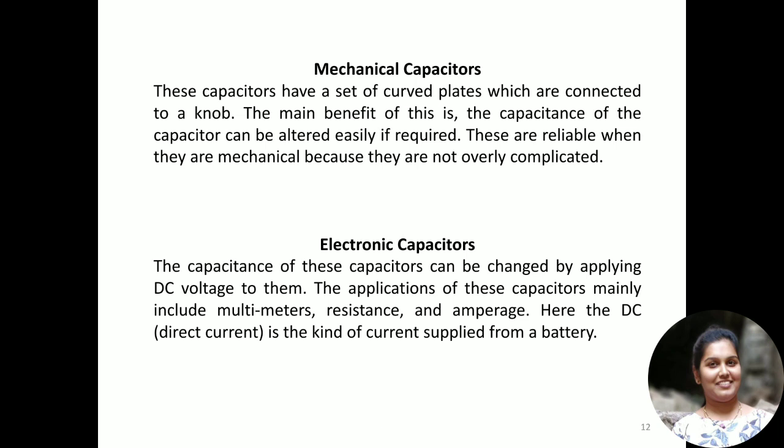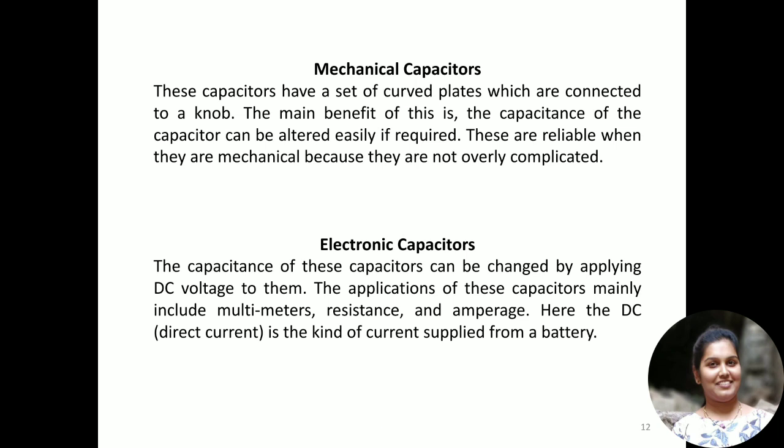Next one is the electronic capacitor. The capacitance of the capacitor can be changed by varying a DC voltage applied to them. The applications of these capacitors mainly include multimeters, resistance, amperage.